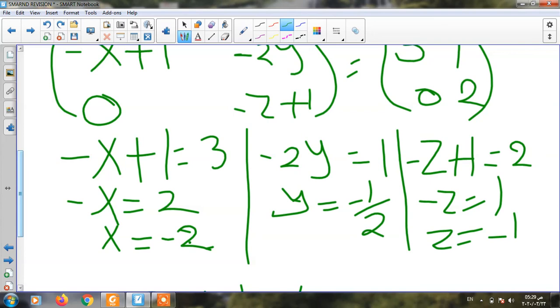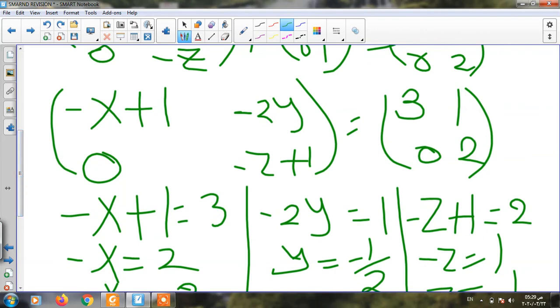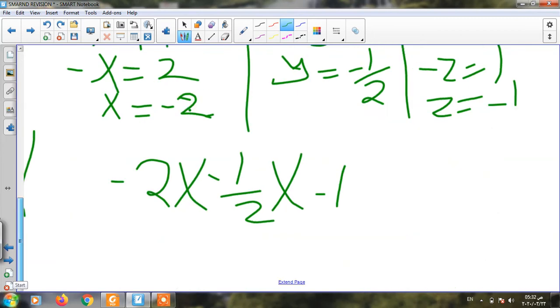Let me revise. Negative 2y equals 1, and negative z plus 1 equals 2. So the result will be negative 1, which is choice number B.